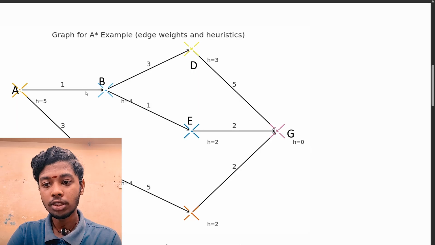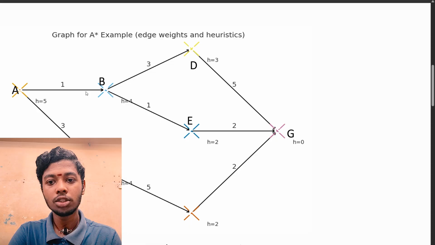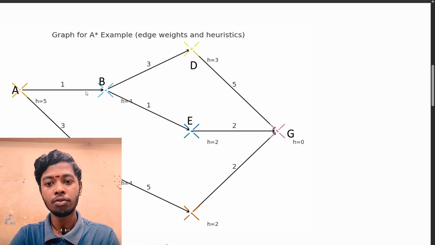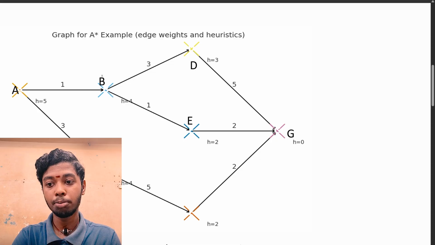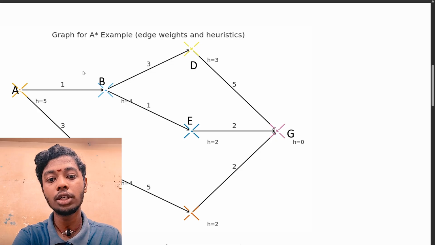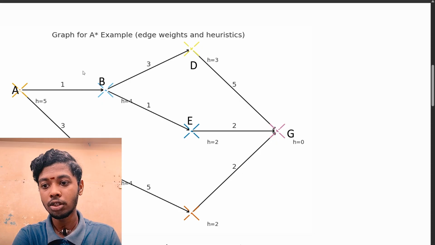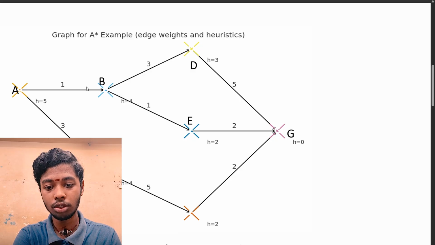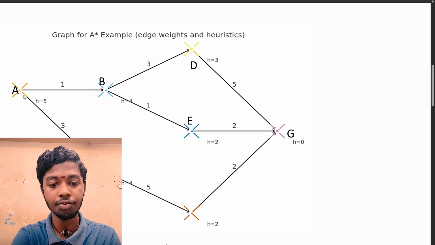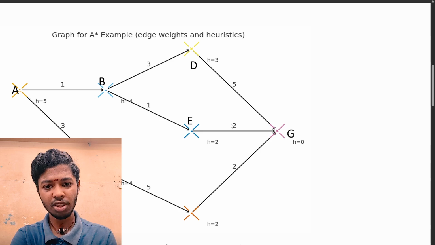While taking the path A, B, D, G, calculate the g values: 1 plus 3 plus 5, which is 5 plus 3, 8, 8 plus 1, 9. The path A to B, B to D, D to G is 9, and the path A to B, B to E, and E to G is 4, and the other, A to C, C to F, and to G, is 3 plus 5, 8, 8 plus 2, 10.